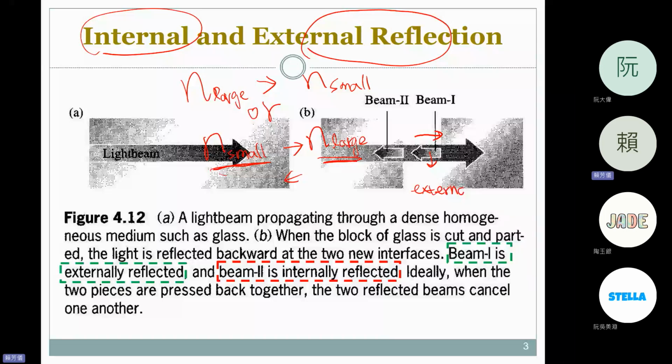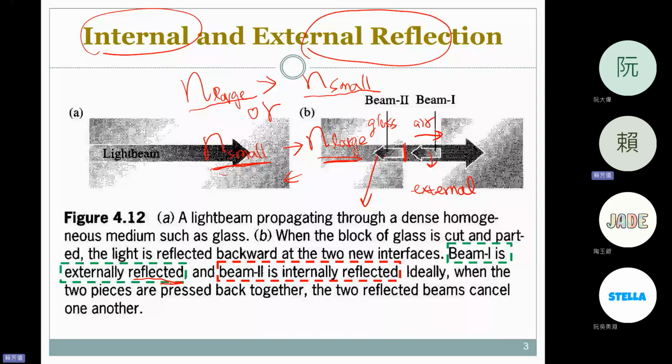Okay, in other words, beam 2 is from the glass to the air. So beam 2 is when the light impinges on the interface traveling from n larger to n small, and gets beam 2 reflection.